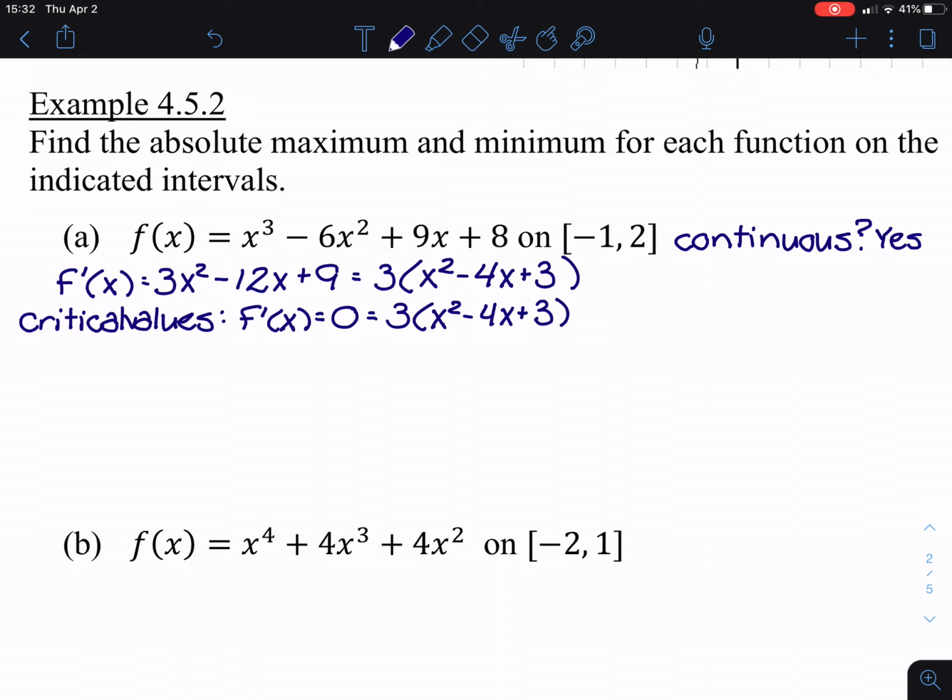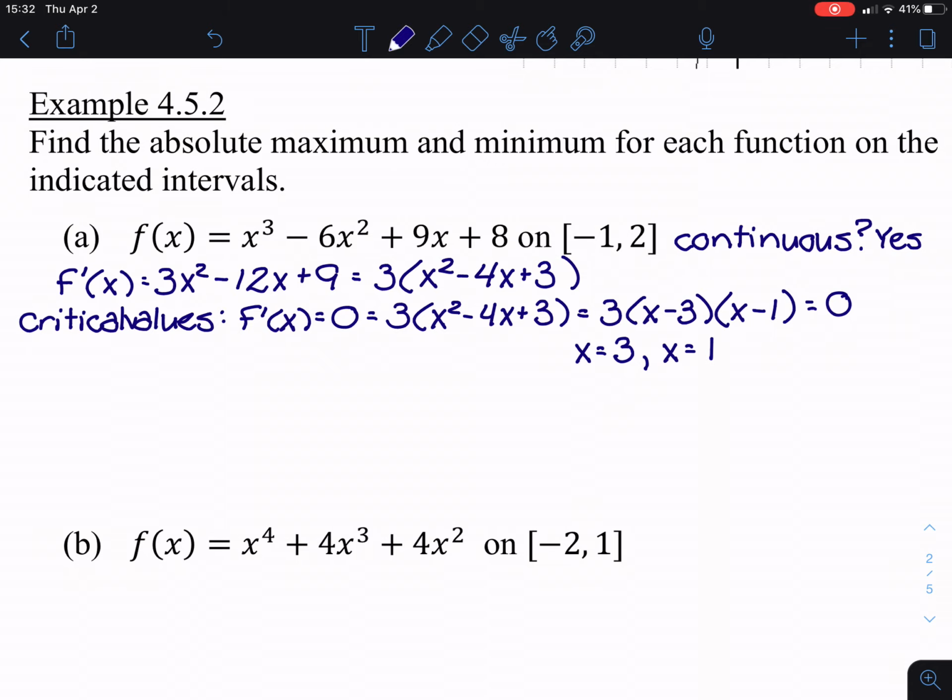And I can factor that further into 3 times x minus 3 times x minus 1. And from seeing that, where those are going to be equal to 0, my critical values are at x equals 3 and x equals 1.